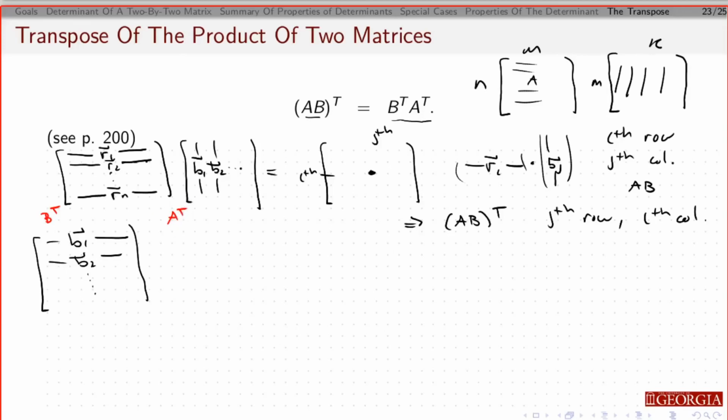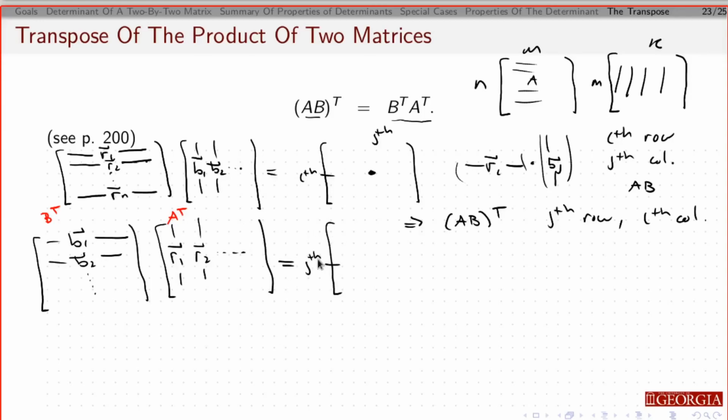Now I need to find A transpose. So for A transpose, the first column is going to be the first row of A. The second column is going to be the second row of A. I keep going like that. And so now what is it I'm after?